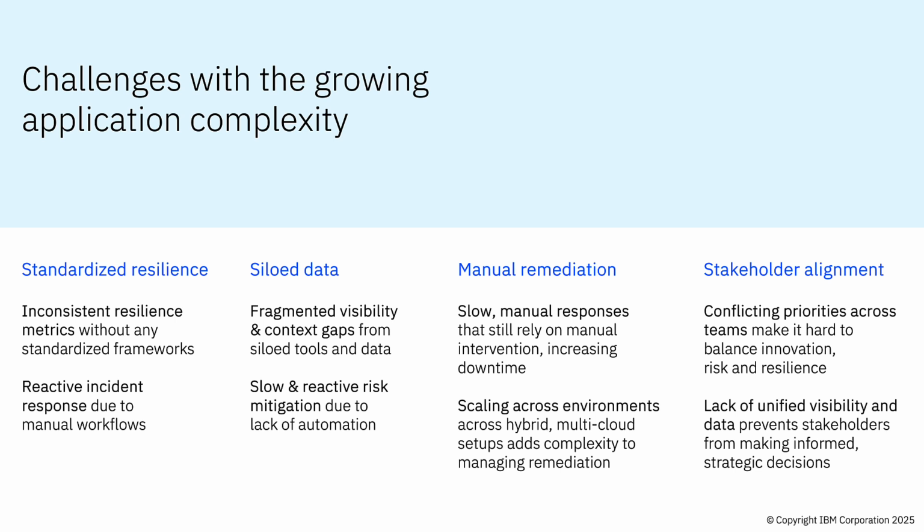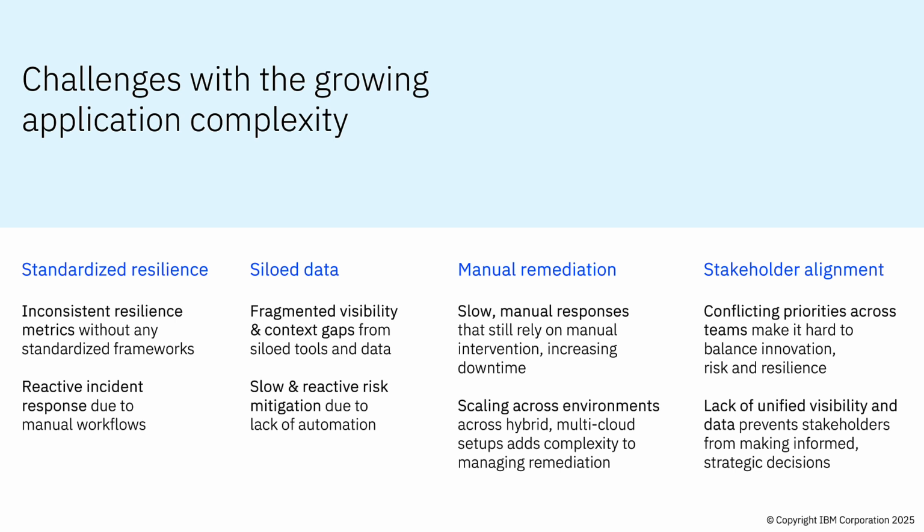So what's causing this struggle to keep applications resilient and running smoothly? There are four main challenges. A big one is siloed data. Organizations often run hundreds or even thousands of applications, each generating its own data. Add infrastructure, networks, cloud platforms, and monitoring tools into the mix, and you end up with a massive amount of disconnected data.